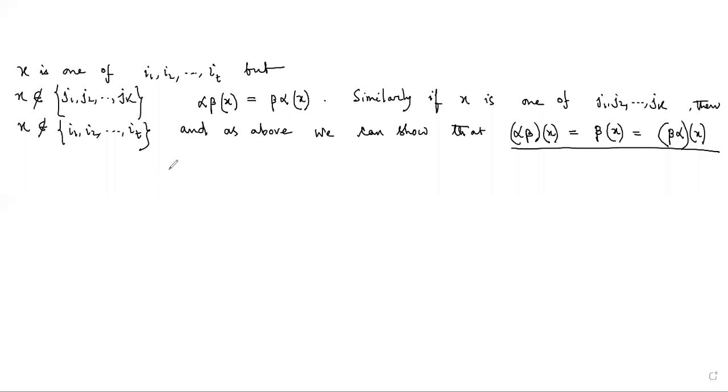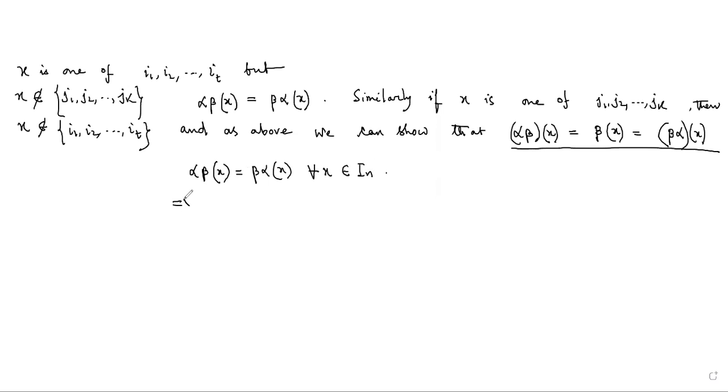So alpha beta is equal to beta alpha for all X belonging to the set In. And therefore, we can write that alpha beta X is equal to beta alpha X for all X belonging to In.